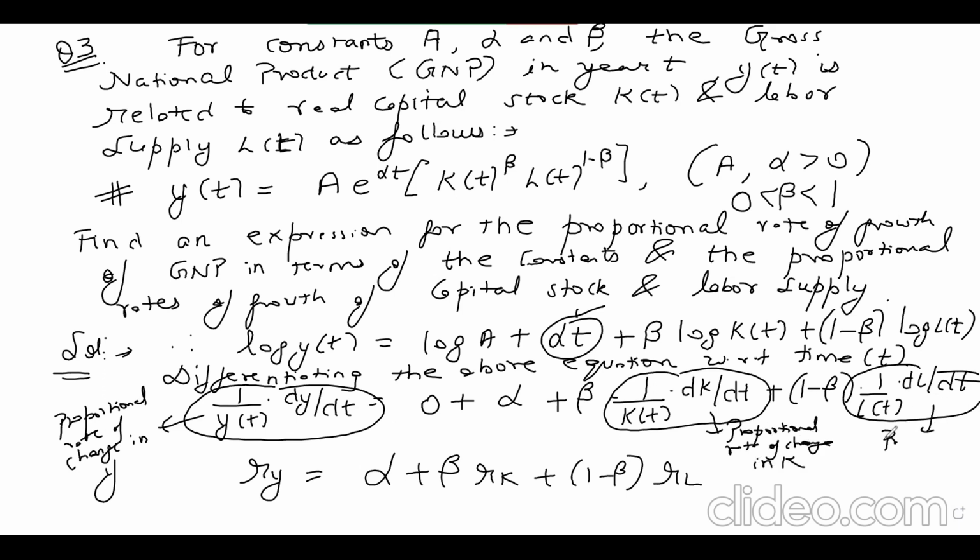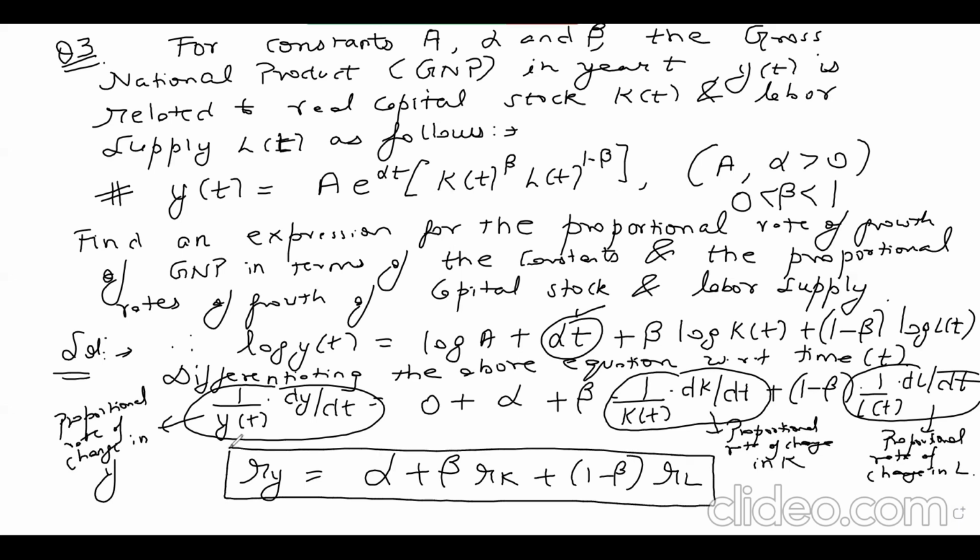And this is the proportional rate of change in L. So I get Ry is equal to alpha plus beta Rk plus 1 minus beta RL. So I have expressed the proportional rate of growth of GNP in terms of the constant, in terms of the proportional rate of growth of capital, and in terms of the proportional rate of growth of labor. This is what I had to show.